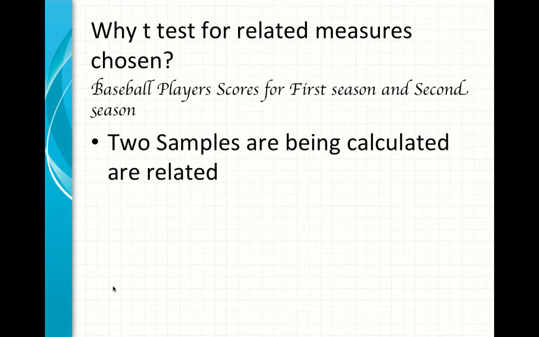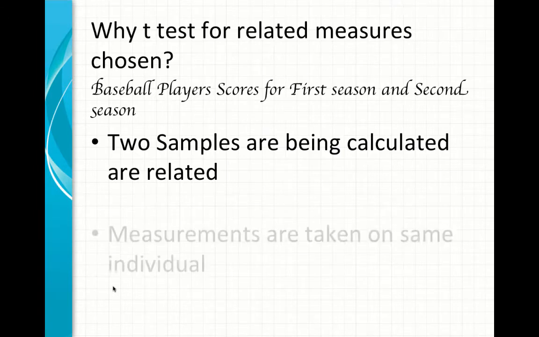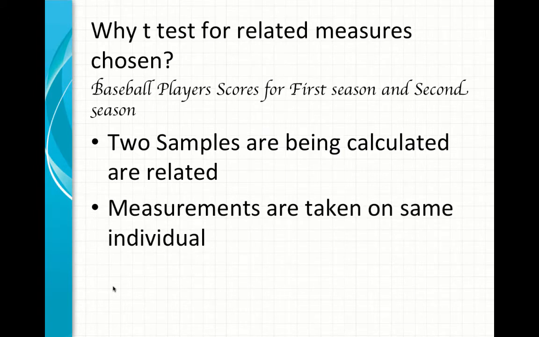Because we have chosen data on baseball players' scores for the first season and the second season. In this case, the before scores are one sample and the after scores are a second sample, but each pair of scores is related because the two measurements apply to the same person.